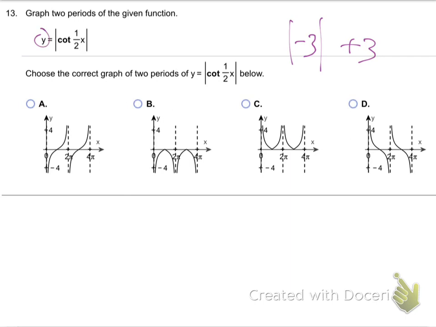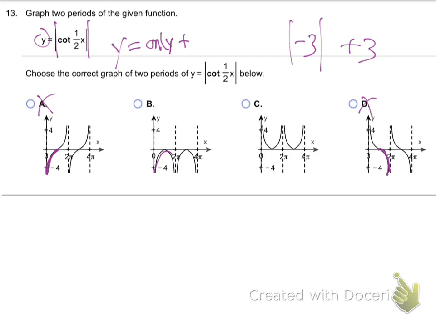Y equals absolute value means y equals only positive. No negative y values. Look at this. That's not going to happen. See how that's below the y-axis? That's negative y values. See this right here? Negative? No way. No negative y values. So first off, A and D are out, because absolute values mean only positive.